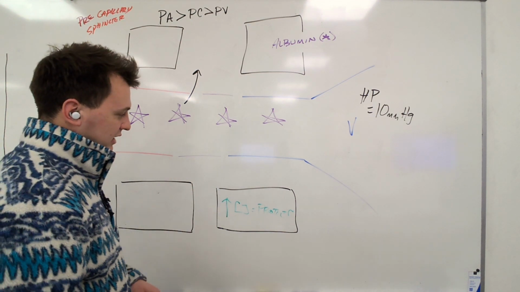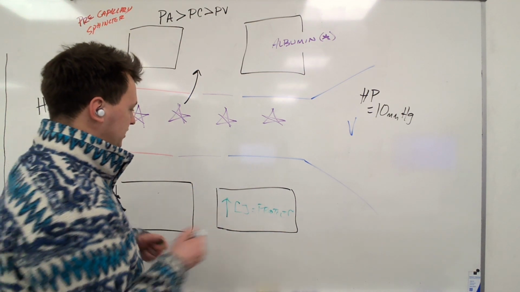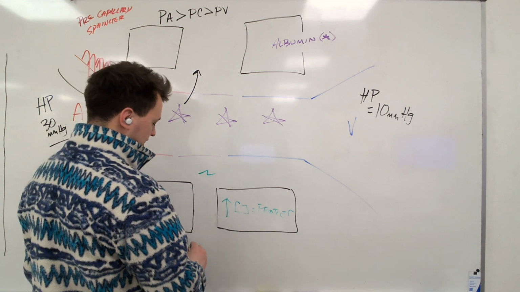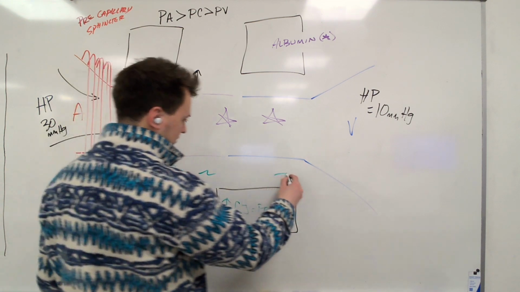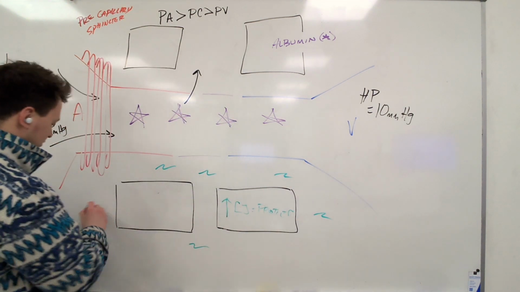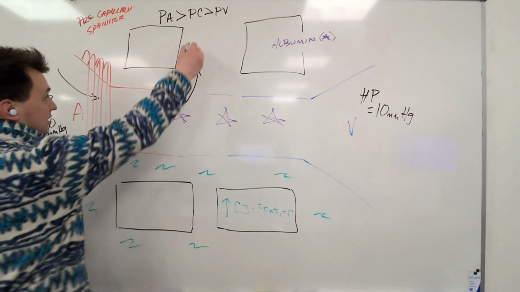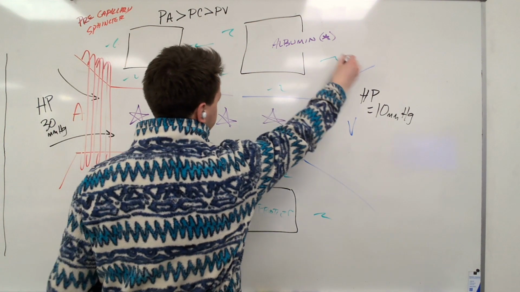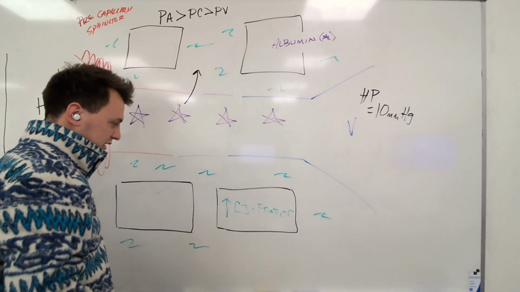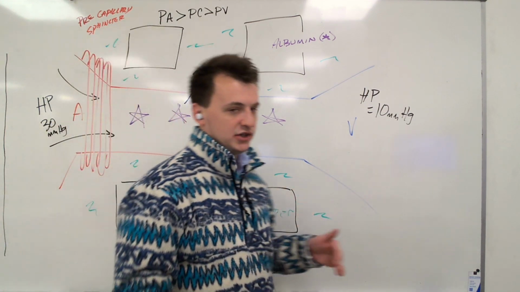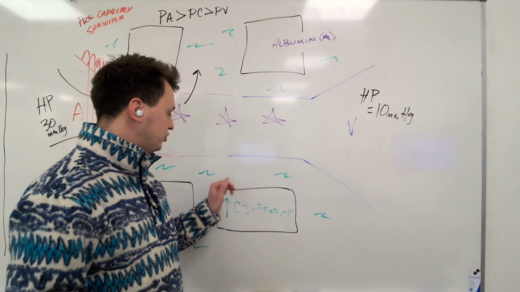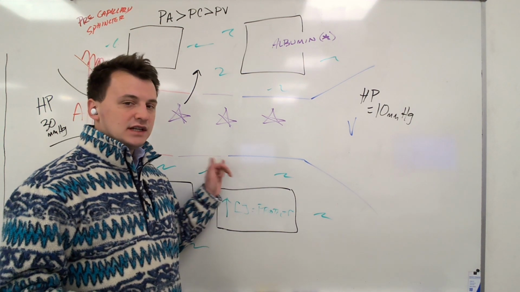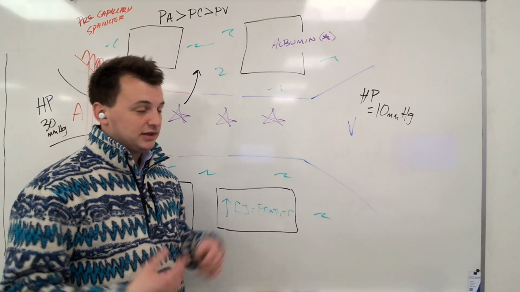And we need to understand as well that the interstitial space is just full of protein. These green squiggly lines represent protein. And as the interstitial space is full of protein, there are different concentrations. Protein also is too big to fit through this, so the only things that can do it are different types of solutes, like water.